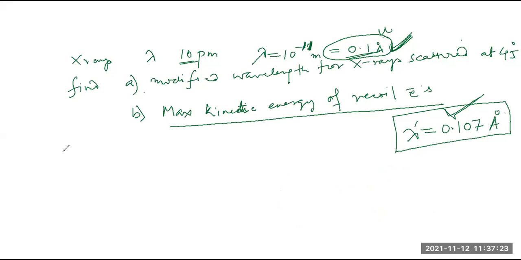Okay, can anybody tell me what is the incident photon energy? It is not 0.1, that is the wavelength. Tell me the energy. It is h nu, or it is hc by lambda.